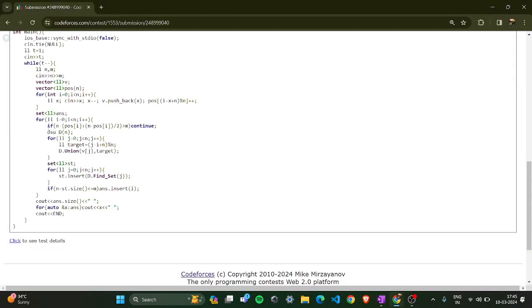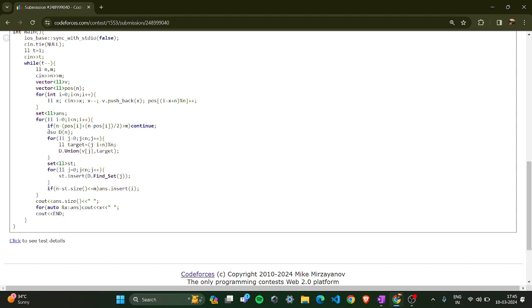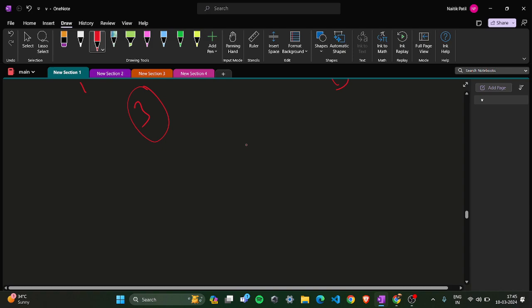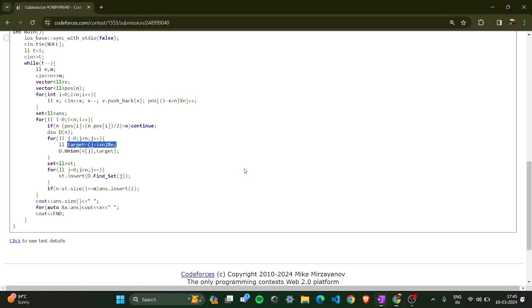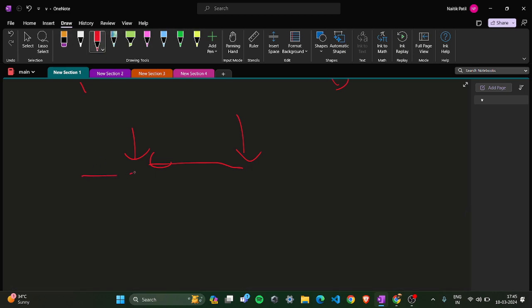And if this condition is satisfied, we can just use DSU or DFS or anything to mark the connected components. Here, this target is the position of the element which we are currently on, after moving that element to the left by i.